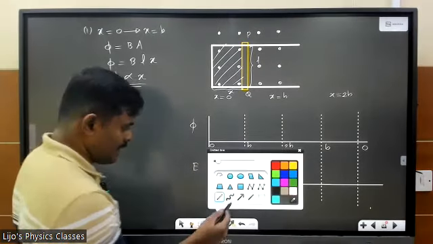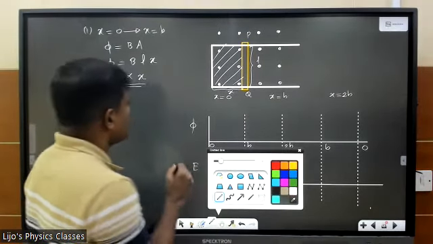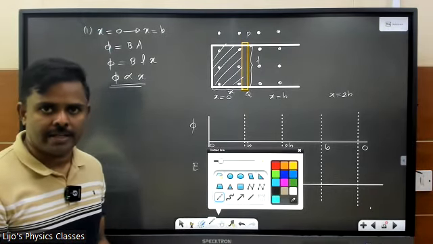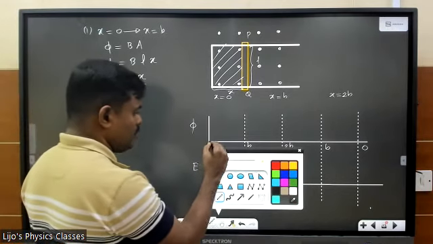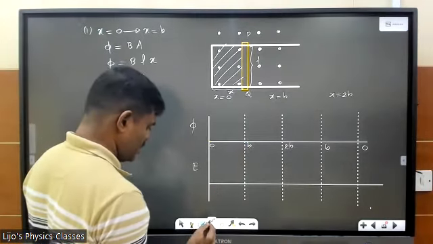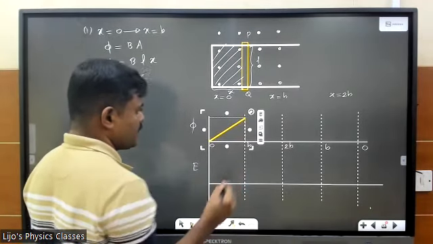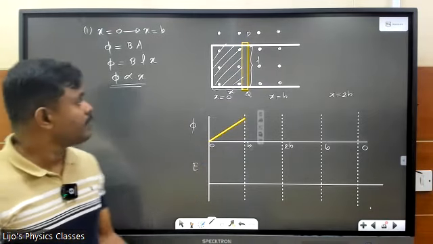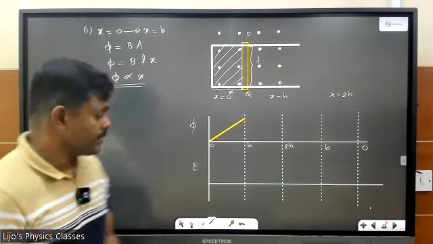If you draw the graph, directly proportional means a straight line going up, a straight line with a positive slope. So the flux graph goes straight up in the region 0 to b, following direct proportionality.